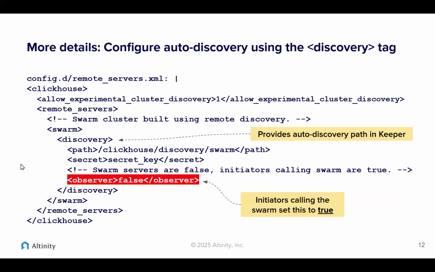This is the configuration that you need to add, where you allow cluster discovery, and then this discovery tag sets the path that we use in Keeper so that everybody agrees on where to register themselves or where to look if they're trying to find out where the swarm is. So this is pretty simple to do. Again, the examples show you specifically how to do this.